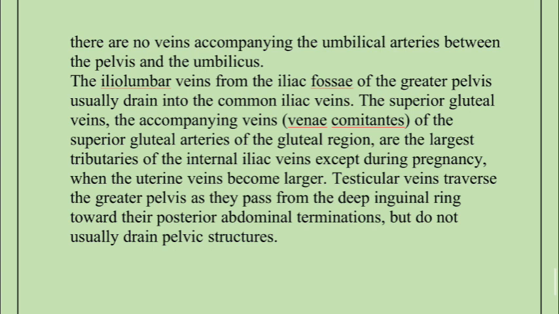Then testicular veins traverse the greater pelvis as they pass from the deep inguinal ring toward their posterior abdominal terminations. But these testicular veins do not drain pelvic structures. Why I'm mentioning the testicular veins here is that they pass through the greater pelvis.